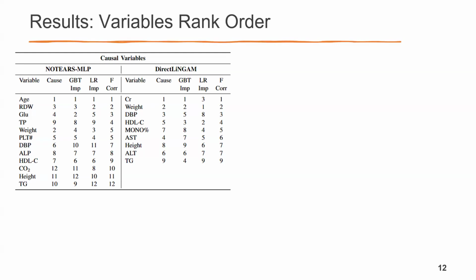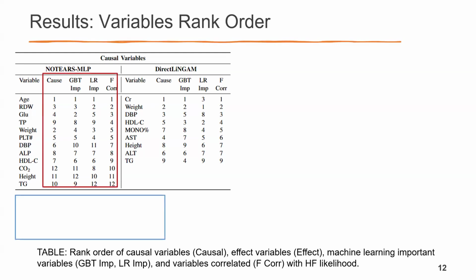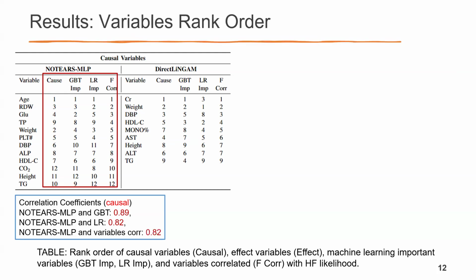The correlation coefficient between NOTEARS MLP cause variables and their importance score from GBT is 0.89, which is higher than the correlation coefficients between NOTEARS MLP cause variables and their importance score from logistic regression, which is 0.82, and the variable correlation, which is also 0.82.